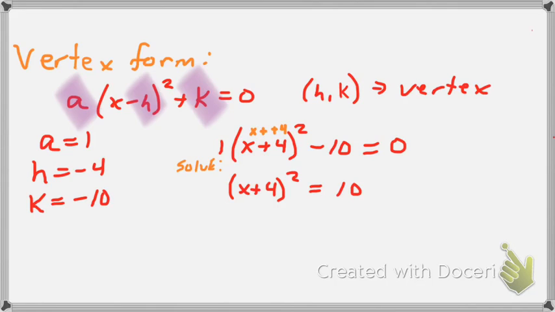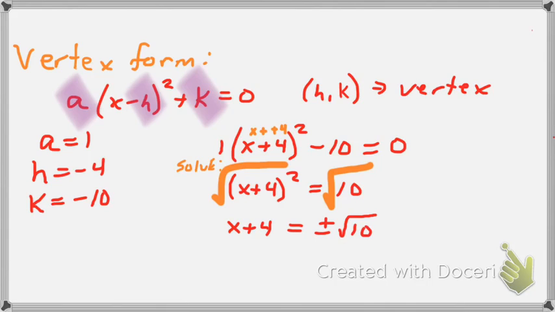The next layer we need to get rid of is the square. To battle a square, you take the square root. Remember, when you take the square root of both sides of an equation and you have a number, you put plus or minus: plus or minus root 10. Square root both sides.